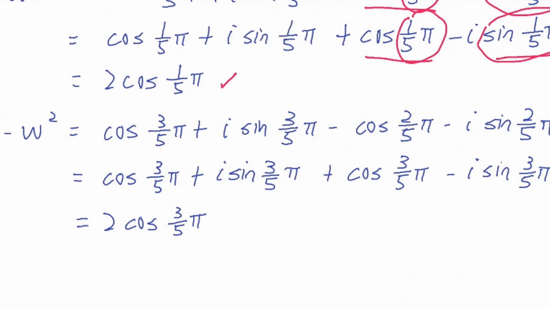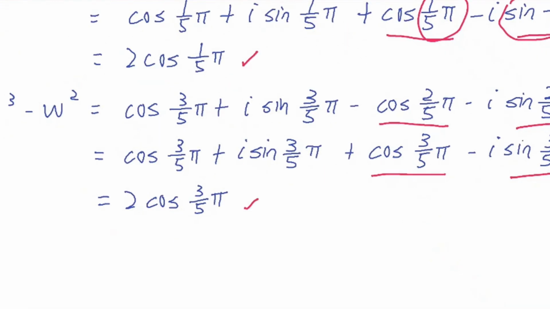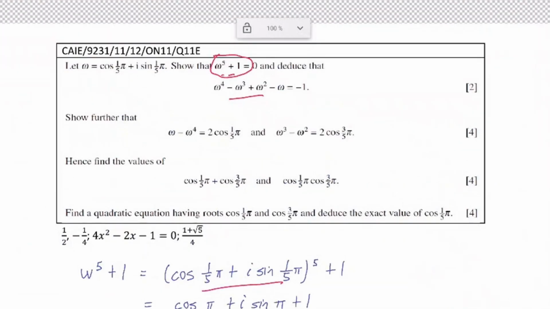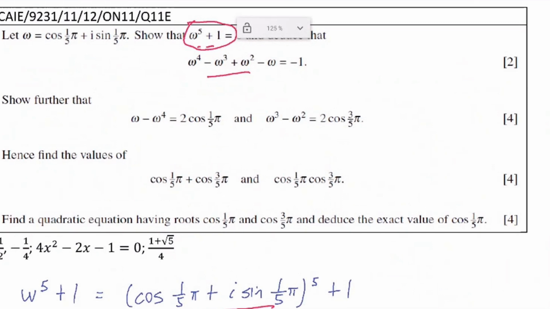For the power 3, cos 2π/5 is written as negative cos 3π/5, and sine 2π/5 is the same as sine 3π/5. So when we add up, we get 2 cos 3π/5. What happens next is: hence find the value of all this.